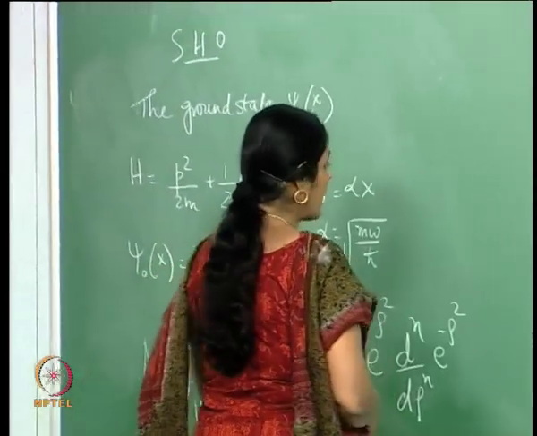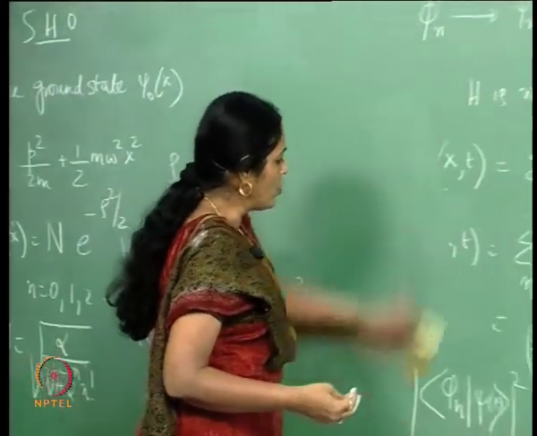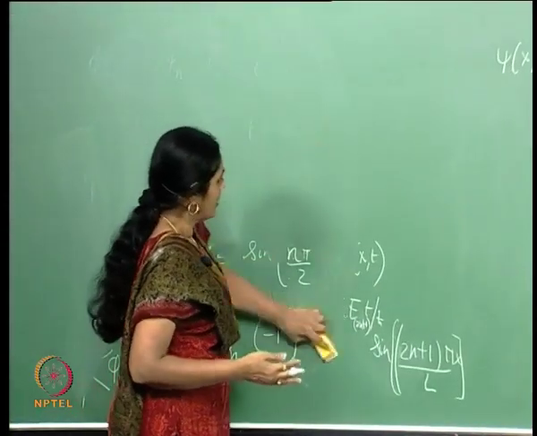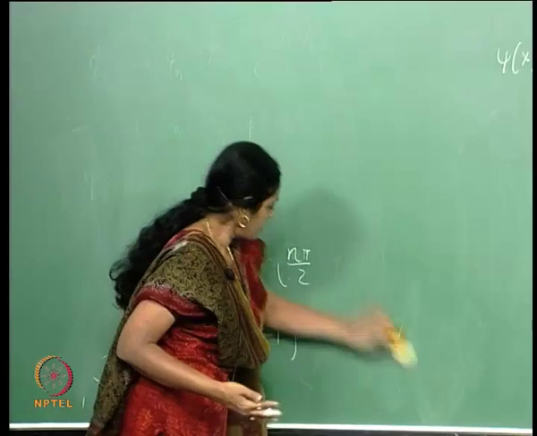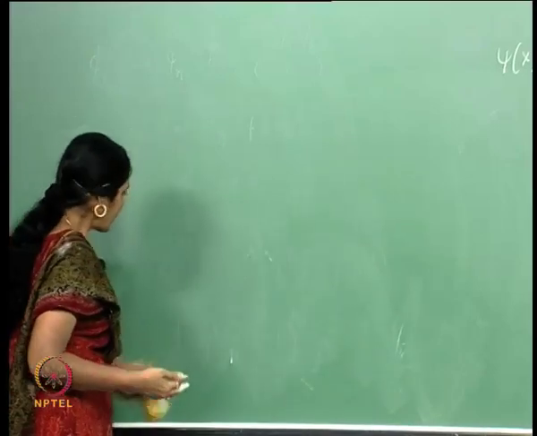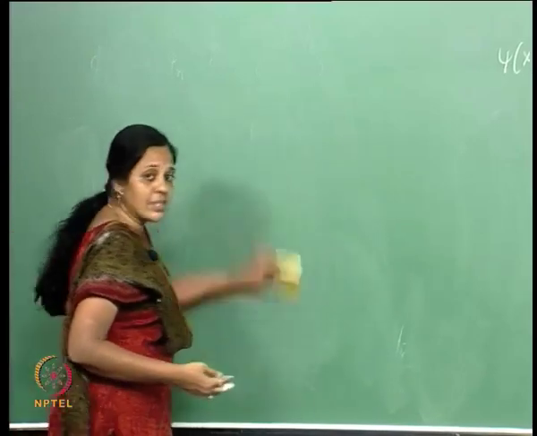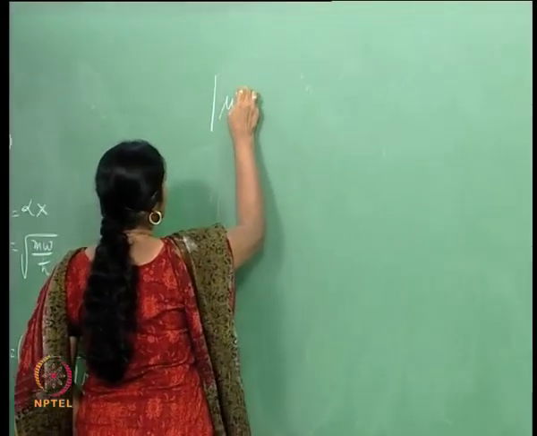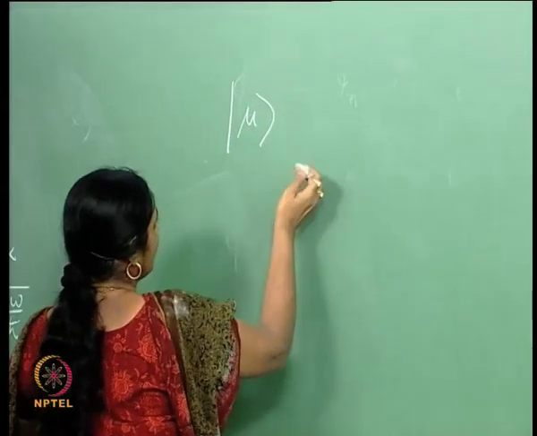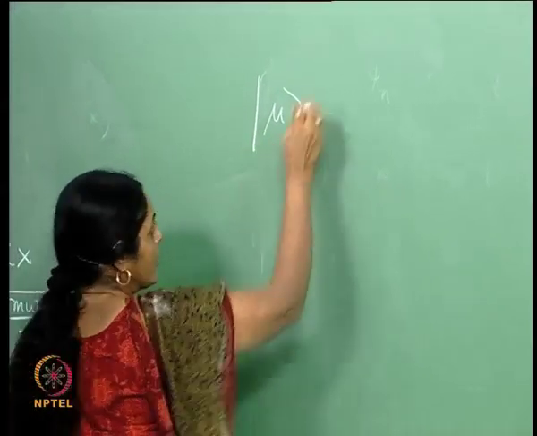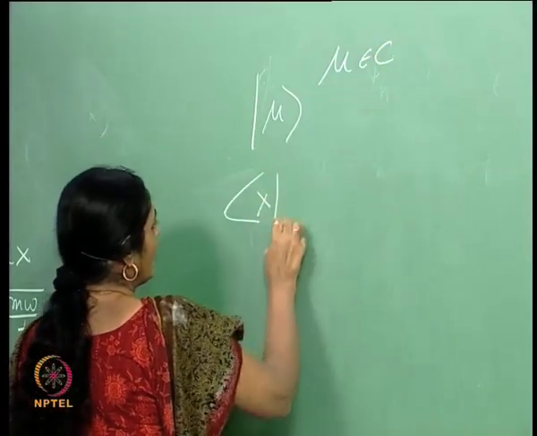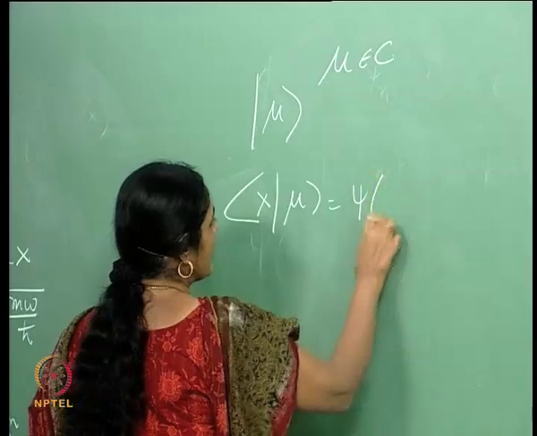Now with this ground state of the oscillator, you know that you can construct a coherent state which is got from the ground state by using the displacement operator. The coherent state itself is a minimum uncertainty state, it is another Gaussian, and I will refer to that as state mu in abstract notation, mu being a complex number. Of course, I could do this, and this gives me psi of x.